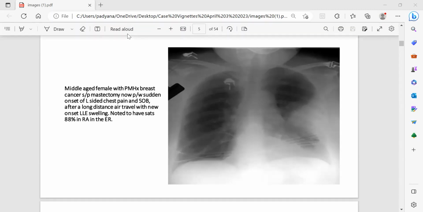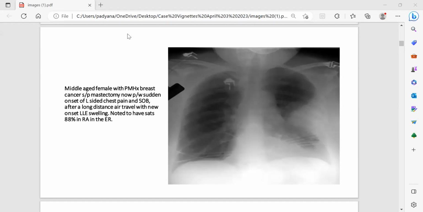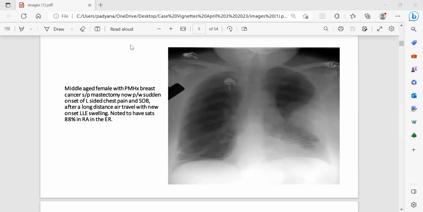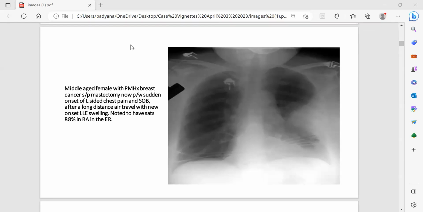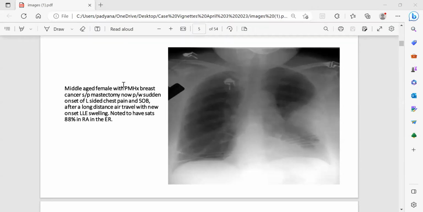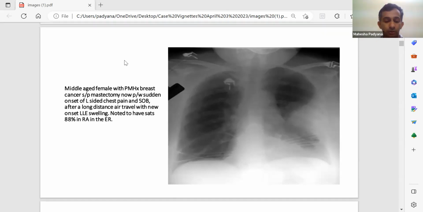Based on that, we can classify whether it is a massive pulmonary embolism, an intermediate risk pulmonary embolism or a low risk pulmonary embolism, and then go with managing that. Yeah. So thrombolysis or anticoagulation based on the risk. Okay, fine.